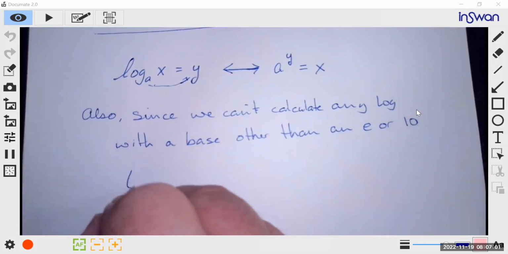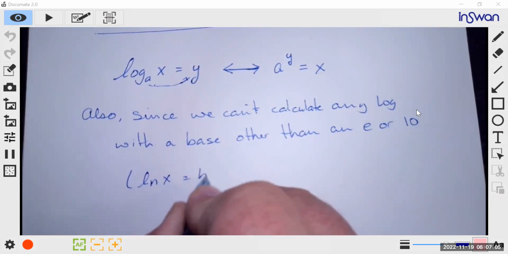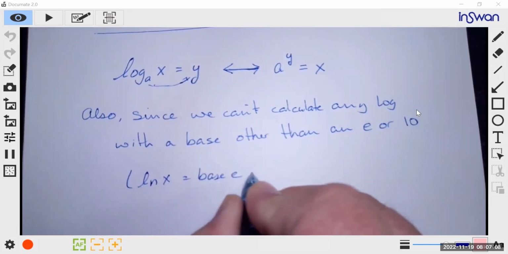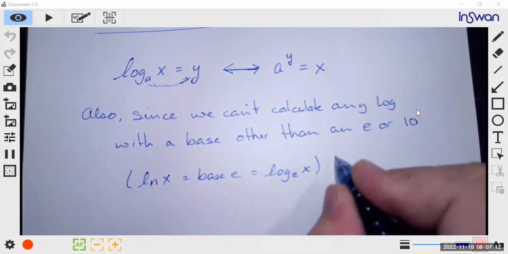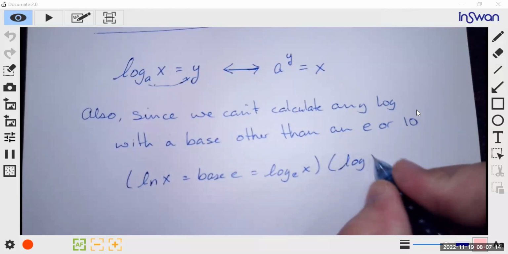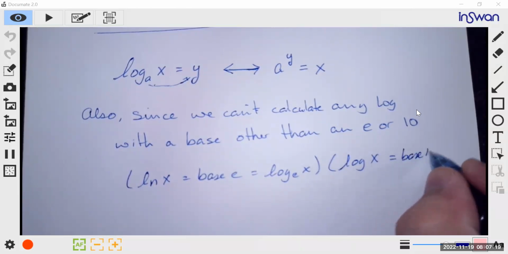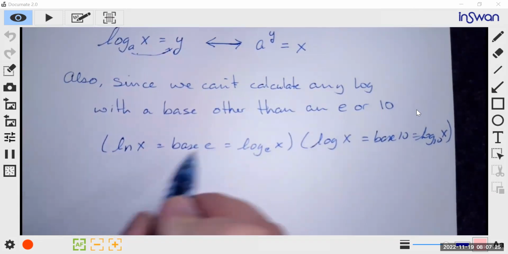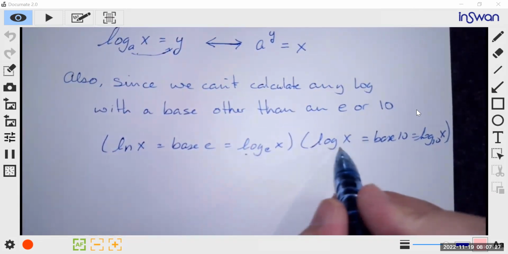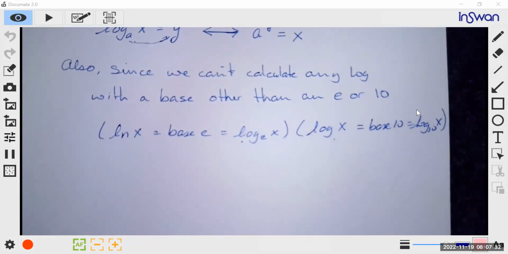Remember, log base e, so it's log base e of x, and if you see an ln, that's actually a log base e. If you see a log with no number, that's log base 10. This is the only thing your calculator can do.